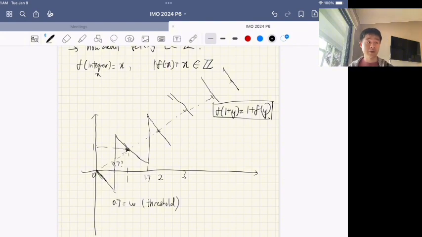I will just say it out: it's the same as the floor function of x, minus the fractional part, plus 2 times whether this floor function is greater than a threshold. Okay, right. So we want to plug things back and see whether this works.